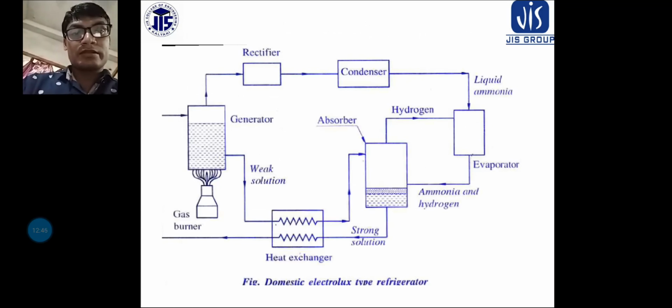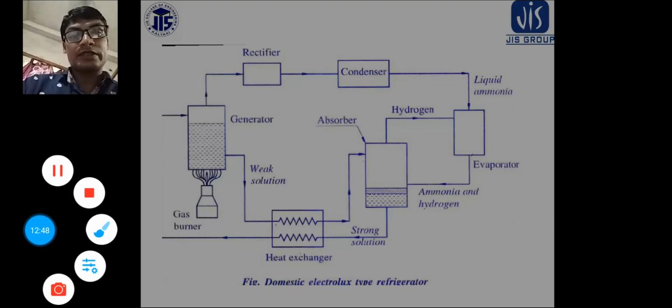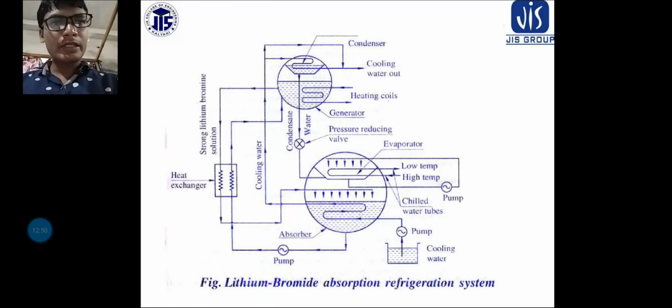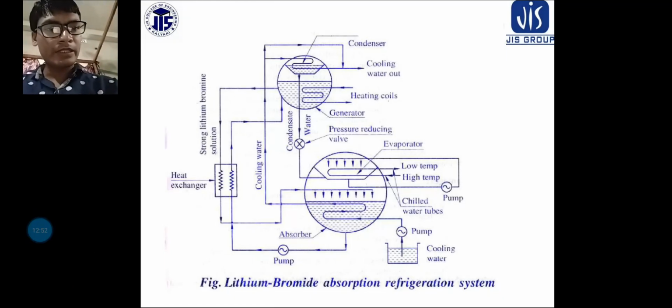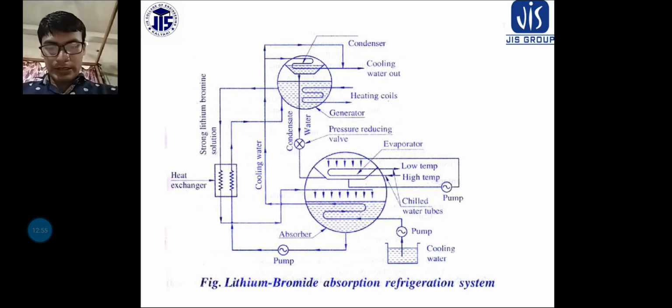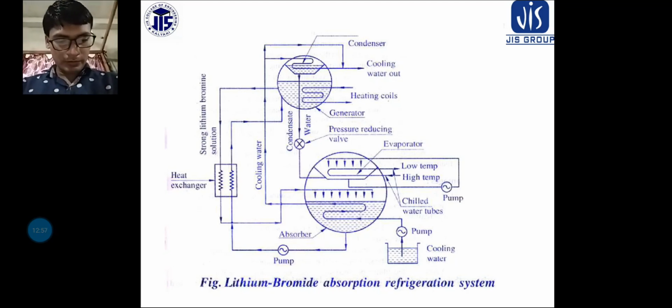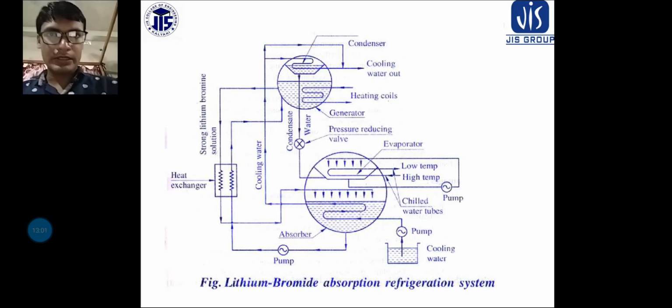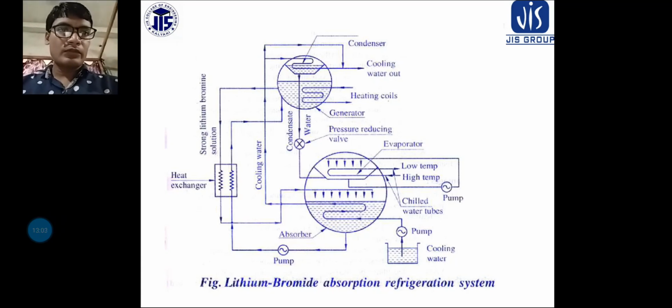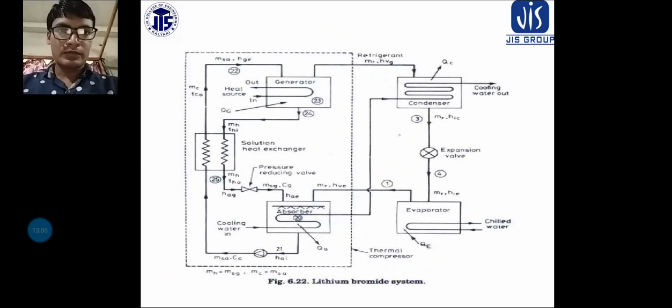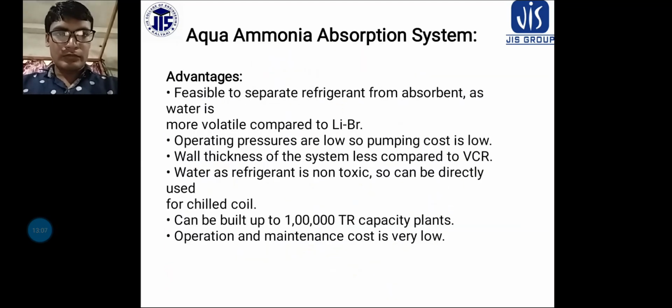Now let us discuss the domestic Electrolux refrigeration system. Remember, in the lithium bromide absorption system, the lithium bromide is taken as absorber and the water is taken as refrigerant, and by this process a 1000 ton capacity plant can be built up.